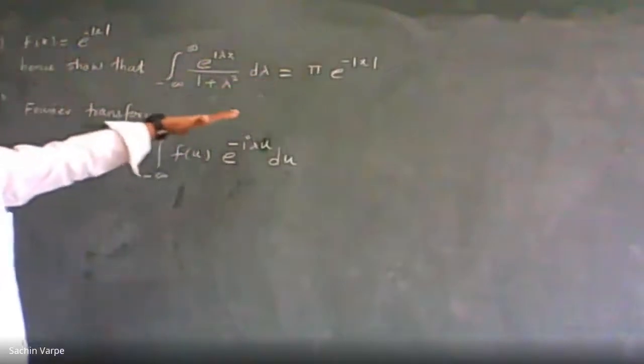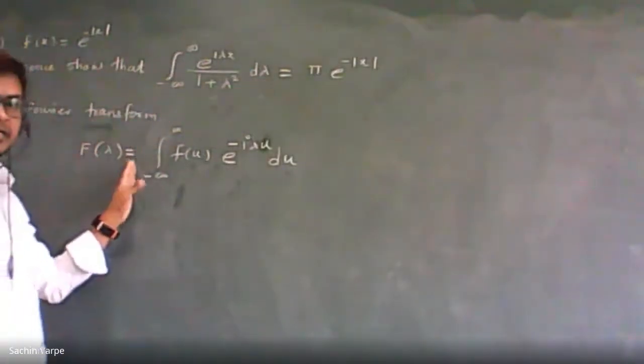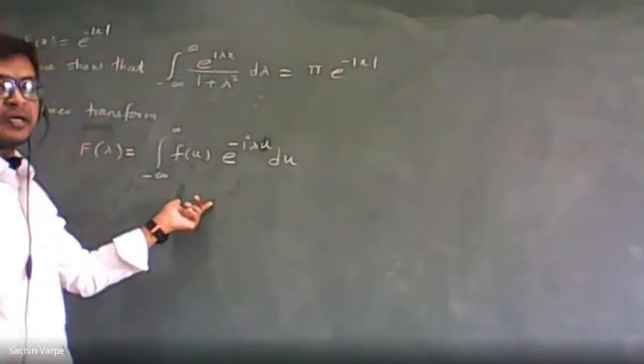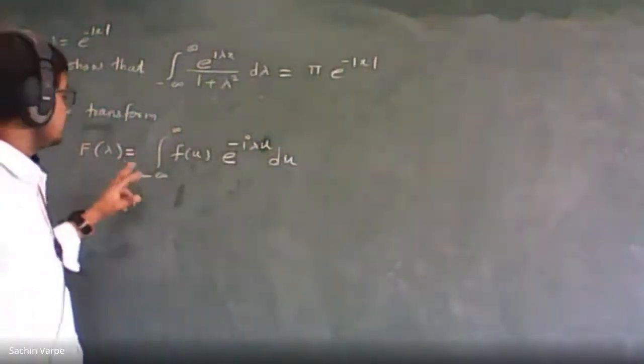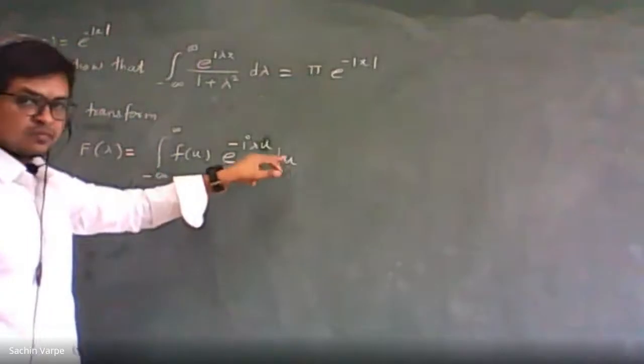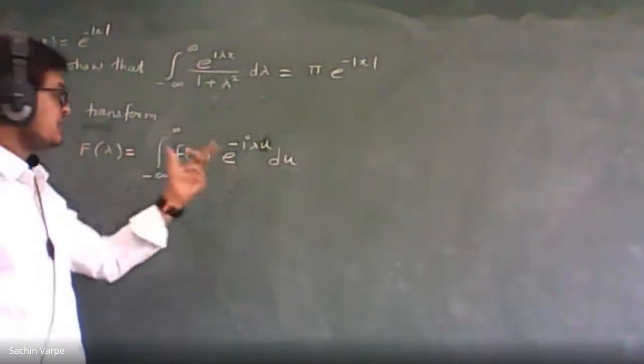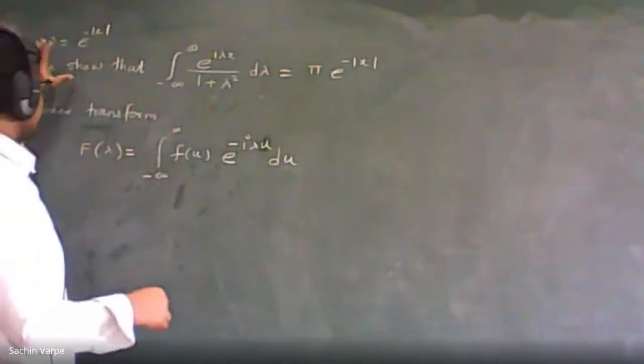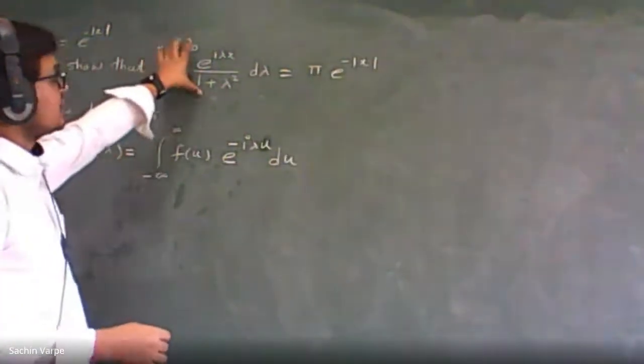If the right-hand side integration is with respect to lambda, then that is a Fourier integral, and if it is with respect to u, then that is a Fourier transform. So actually we have been asked to show that the Fourier integral value is this.